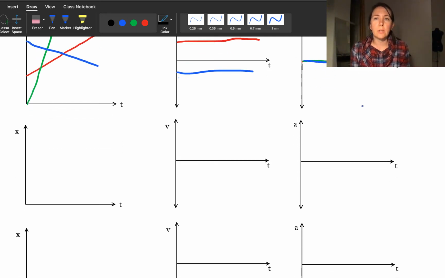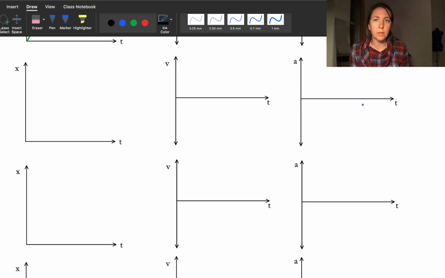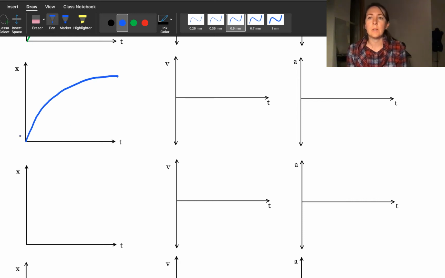What do you actually get then for curved lines? So the most prevalent curved line I think that you've seen probably is an object that starts like this and evens out like that. So this is an object that starts off fast. Their speed decreases over time.